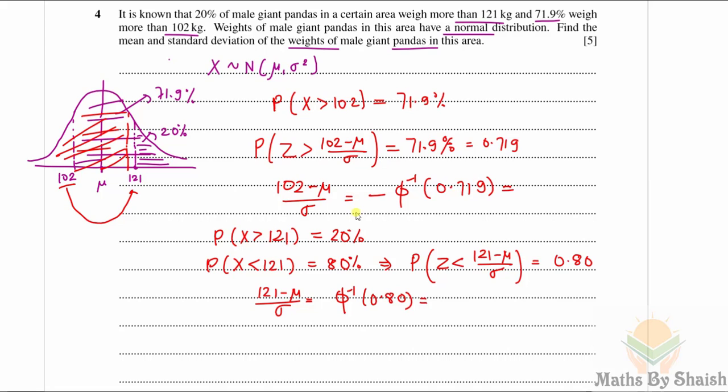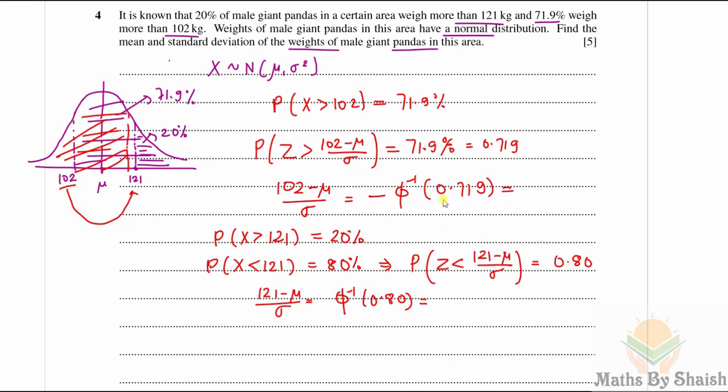So let's find the phi inverse of these two values. This inverse of it is going to be 0.58, and we'll take the negative of it because 102 is towards the left hand side of mu. And phi inverse of 0.80 is 0.842.